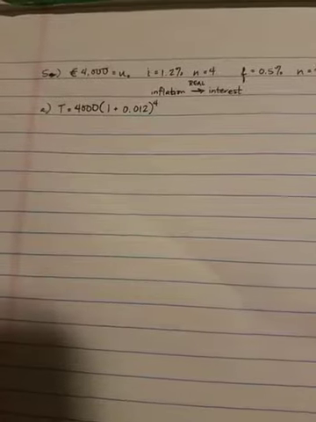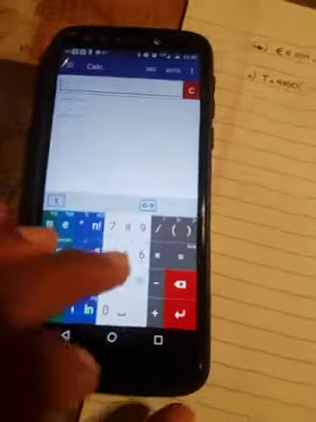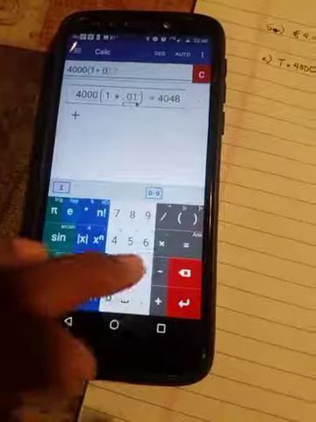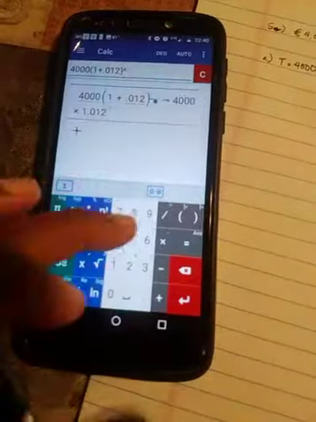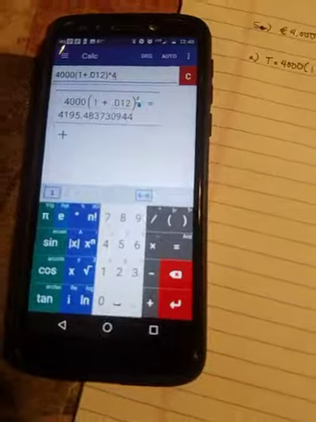I know you've seen other setups where we've divided it, but in this case, we're just going to take it straight on. When I do that on my graphing calculator and raise it to the 4th, it gives me 4195.484.